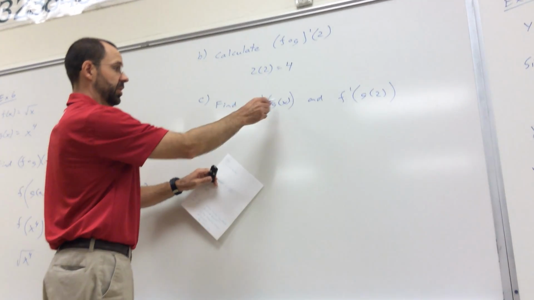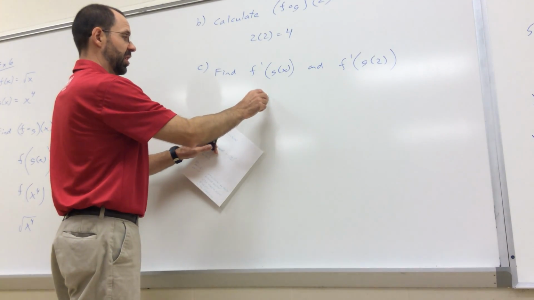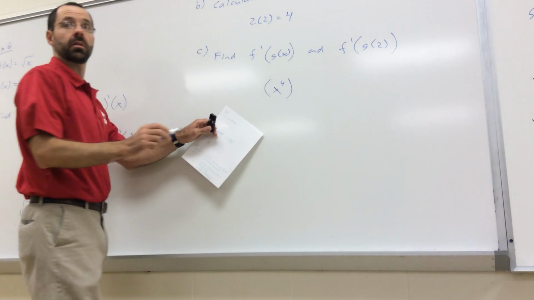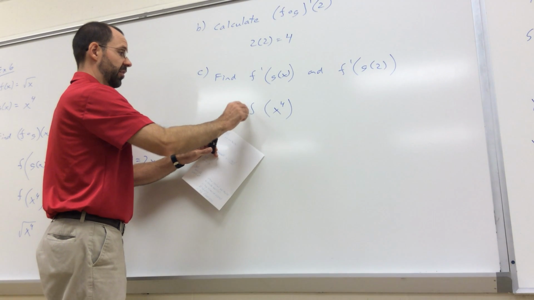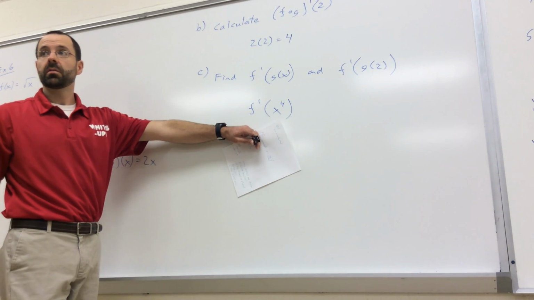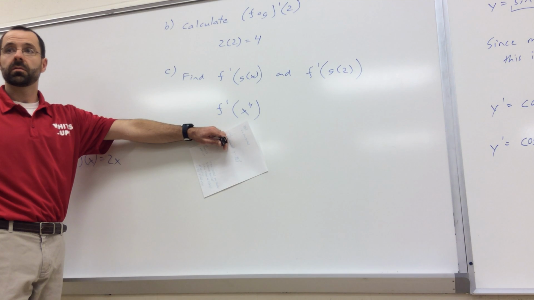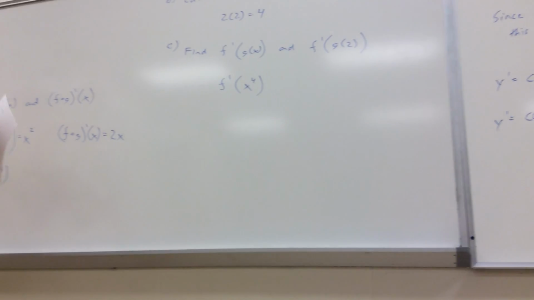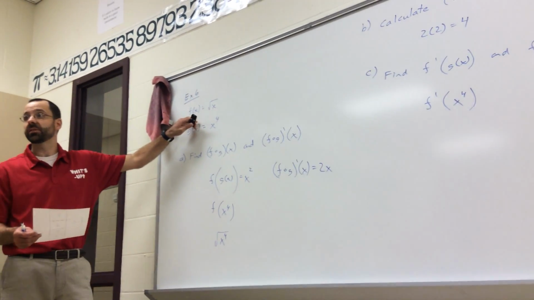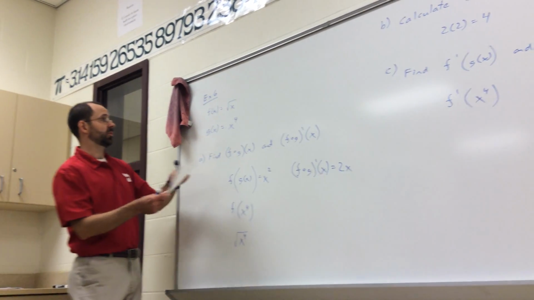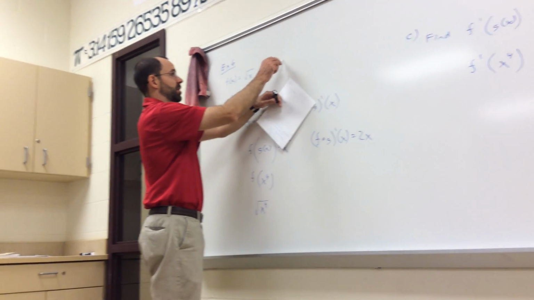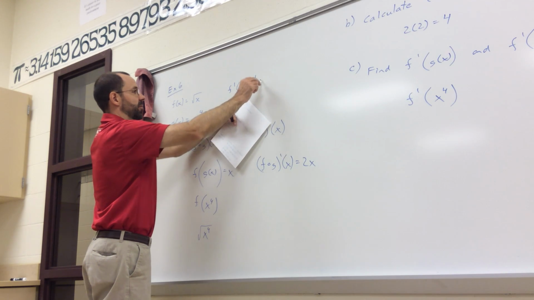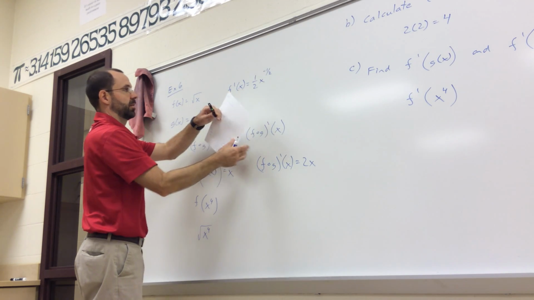Okay, so here this says plug g of x, which is x to the 4th, into f prime. So if I'm going to do that, I have to go off to the side and figure out what f prime is. So my f of x is square root of x, so that means my f prime is 1/2 x to the negative 1/2.